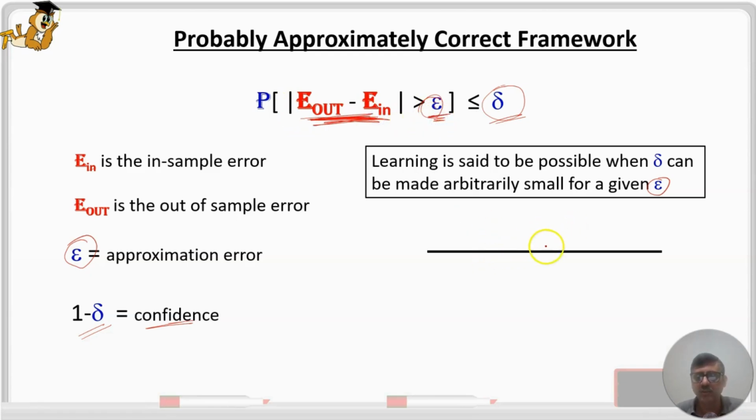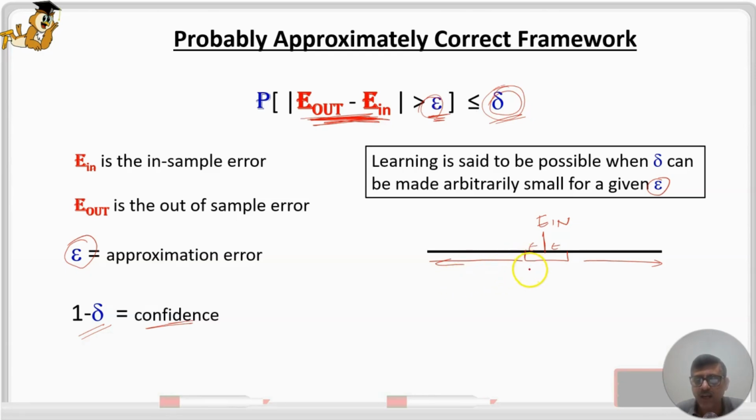Again, I'm going to draw this on a line. If this is your E in, let us say this is epsilon on both sides. What you want to ensure is that the probability of E out lying here or here is less than delta, and you would like to make delta as small as possible.